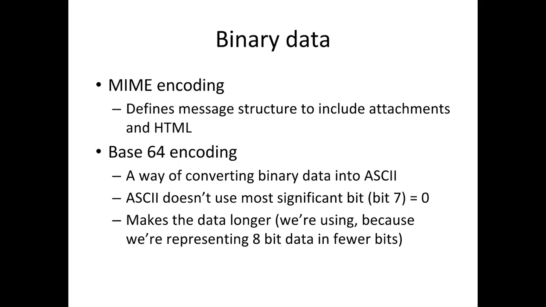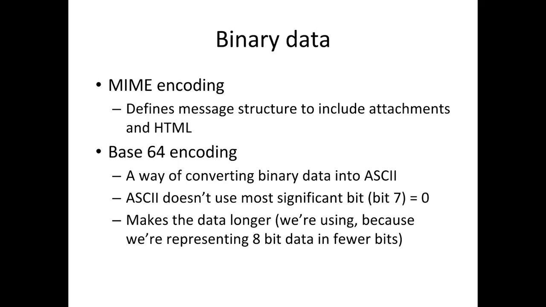We can do this because ASCII doesn't actually use the most significant bit, and in our base64 encoding we're only going to use 6 bits in order to encode individual letters. It does make the data longer, because in essence at the moment we're using 8-bit data, but we're actually representing it with fewer bits. We'll see how that works in a little while.